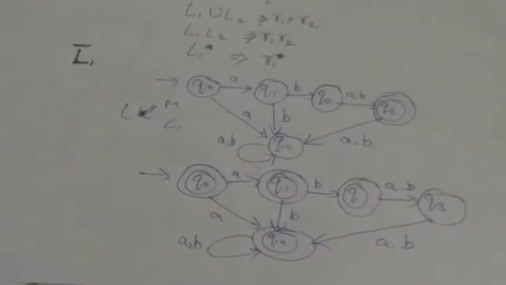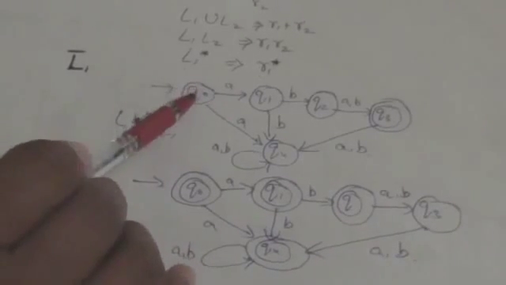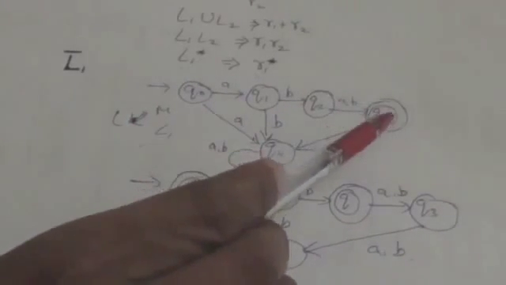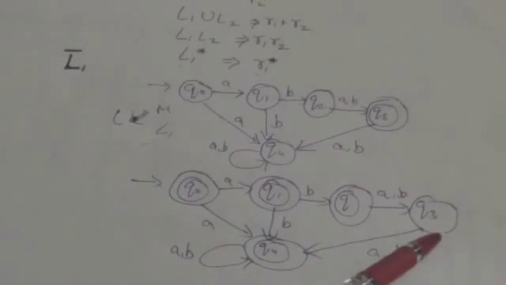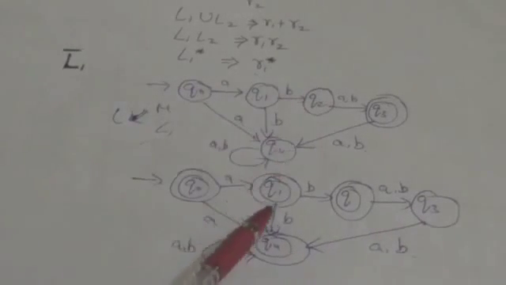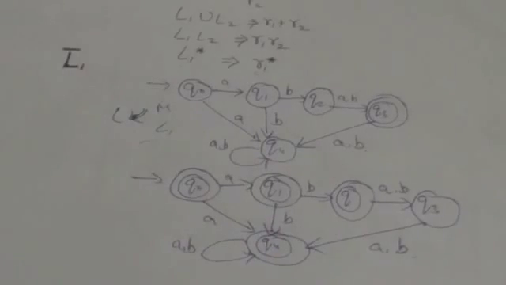Now what we have to do, we will convert all final states of this automata into non-final, and non-final states of this automata into final states.